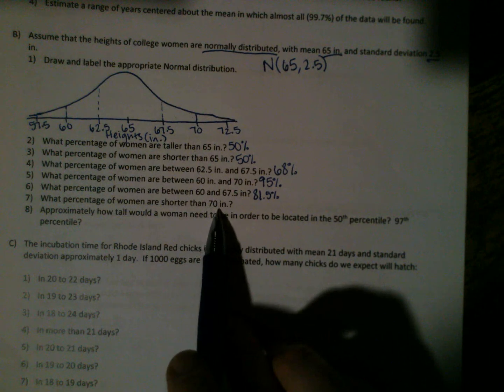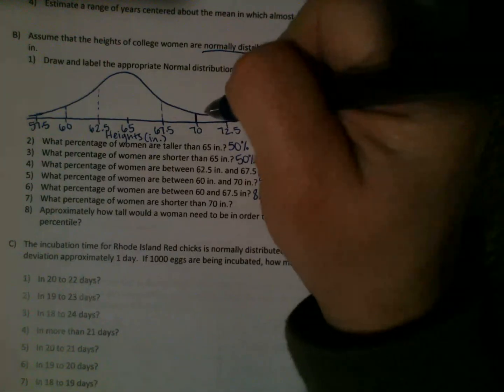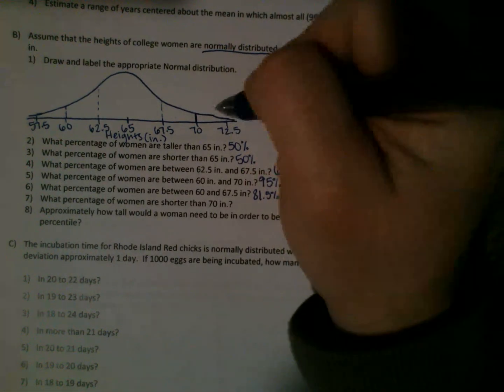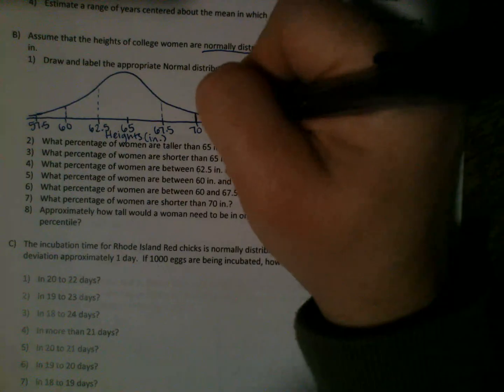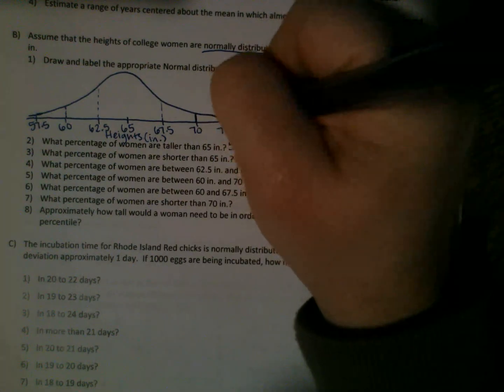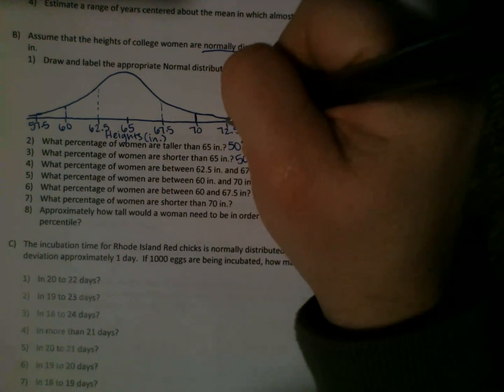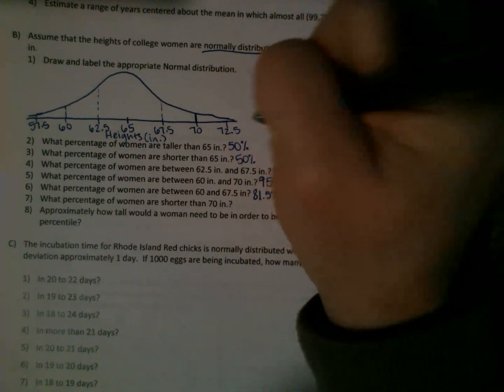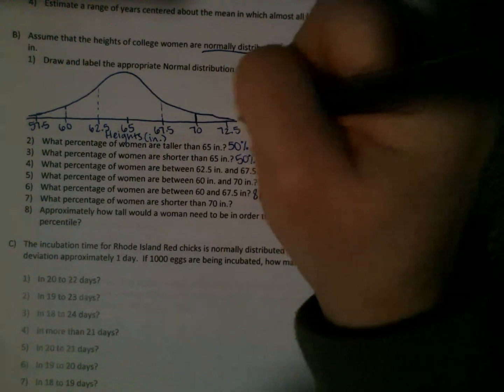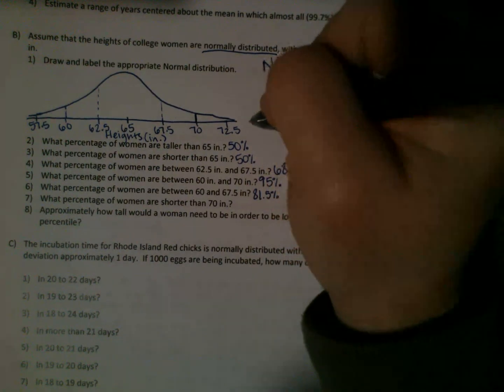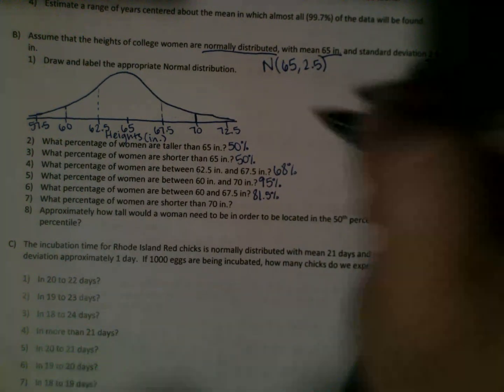Okay, shorter than 70 inches. Here's 70 inches. Shorter would be everything below it. It's actually easier, in my opinion, to figure out what the percentage is above 70 and then just subtract that from 1. So this little section right here is from 2 standard deviations to 3 standard deviations. That's 2.35%. And the very farthest little section past 3 standard deviations is 0.15%.